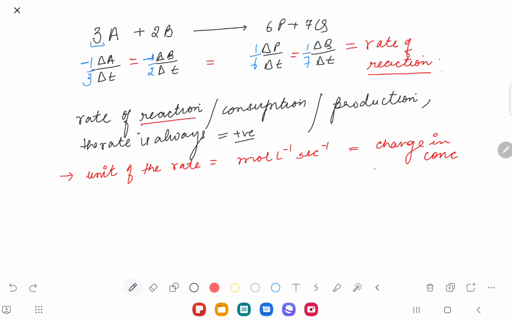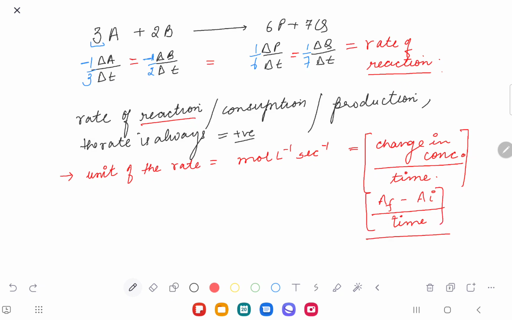So if it is change in concentration over time, the concentration change would be concentration A final minus A initial over time. Yes or no? So this is how we calculate this. Understood or not? So this is the concept.